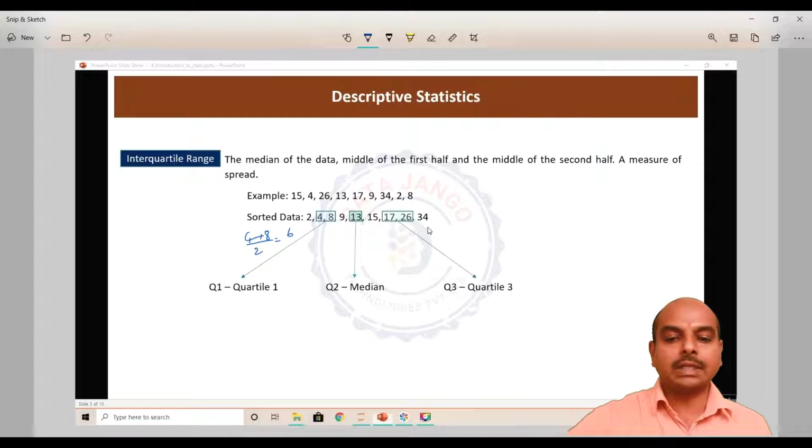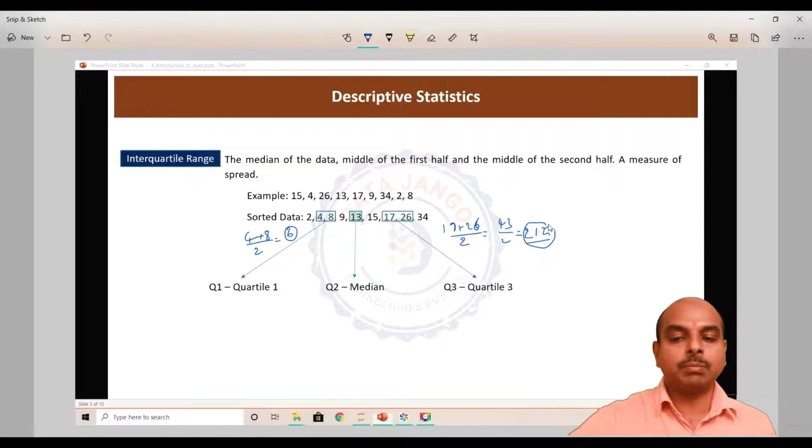To calculate quartile 3, 17 plus 26 divided by 2. What is 17 plus 26? 43 divided by 2 is 21.5. So the first quartile is 6 and the third quartile is 21.5.